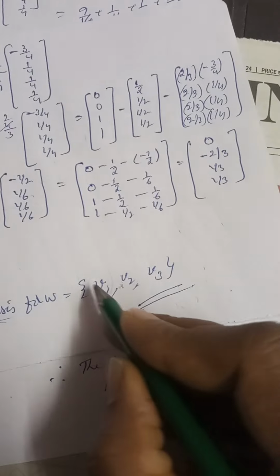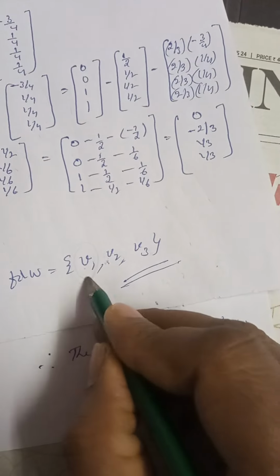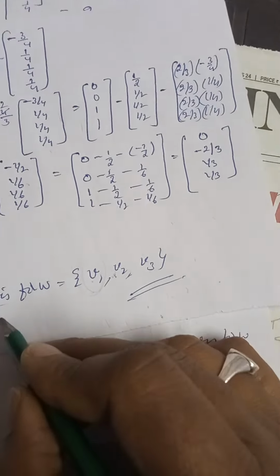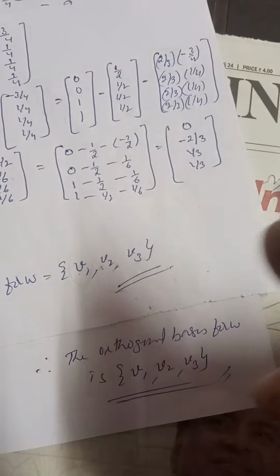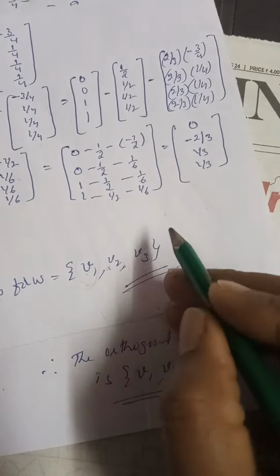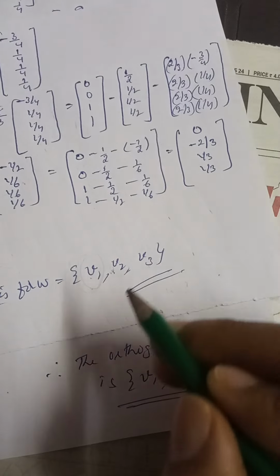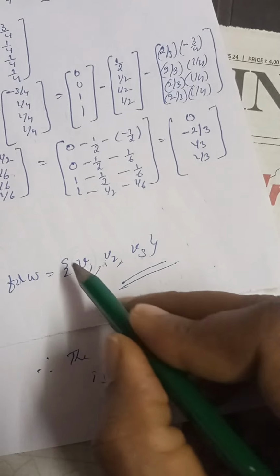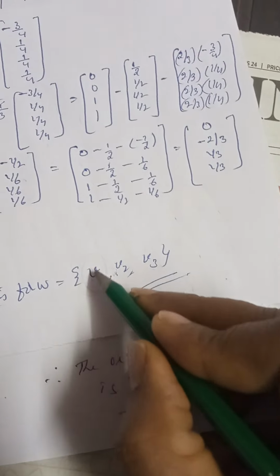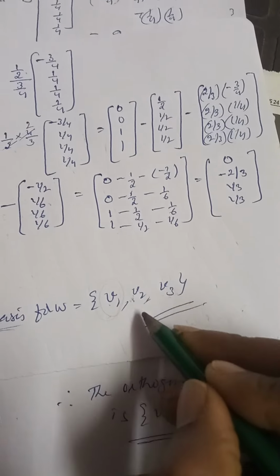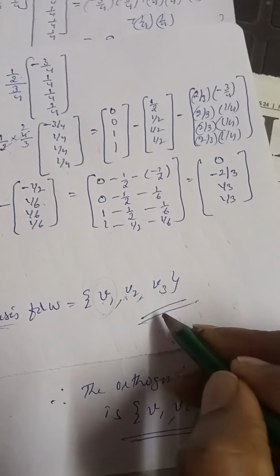That means we normalize each vector in this basis. The orthonormal basis is equal to the set V1 by norm V1, V2 by norm V2, V3 by norm V3.